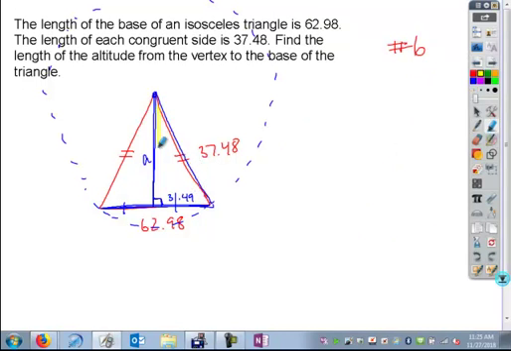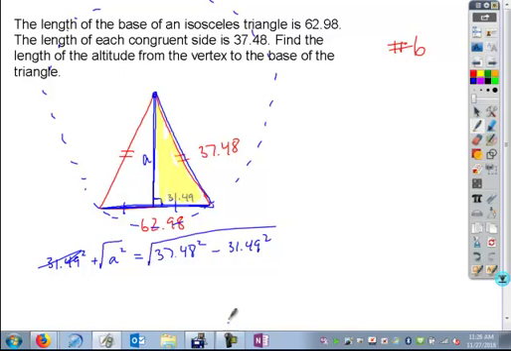And so what we can do here is use the right triangle and Pythagorean theorem to solve. So if you took 31.49 squared plus A squared, set that equal to 37.48 squared, and solve. I'll subtract 31.49 squared from both sides to extract the square root.